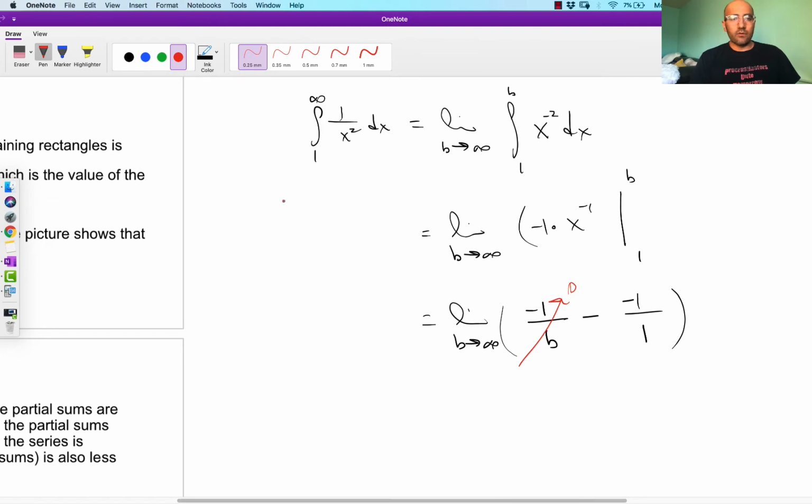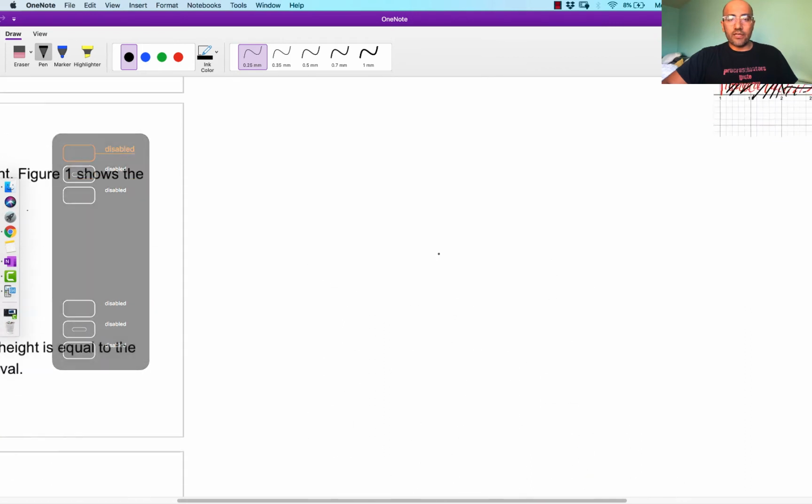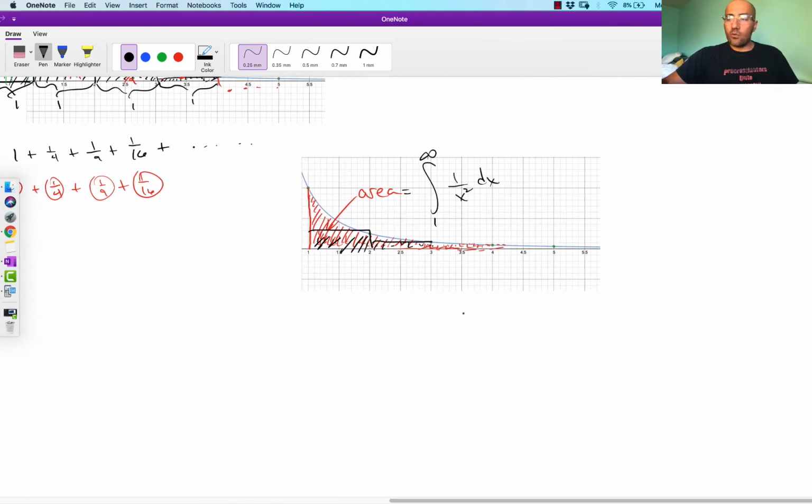This heads to 0. So the whole thing equals positive 1. So the entire integral from 1 to infinity, the entire area underneath the curve in red, this whole thing equals 1.